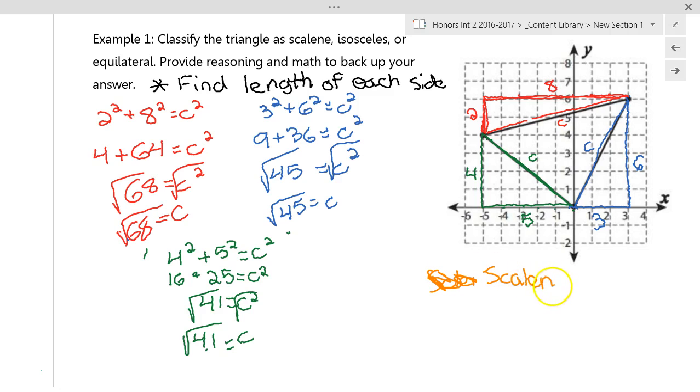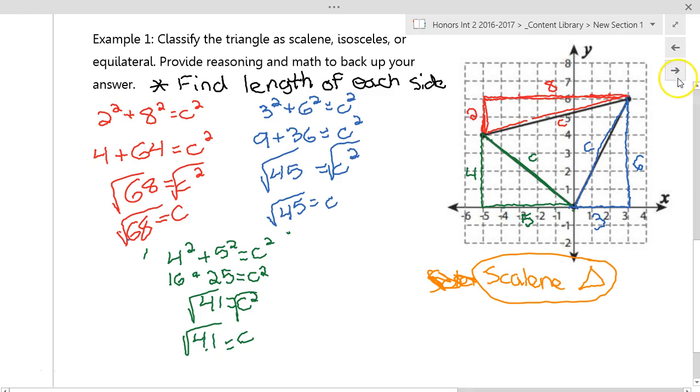If 2 of the sides were the same and 1 was different, it would be an isosceles triangle. If all 3 sides were the same, then it would be an equilateral triangle.